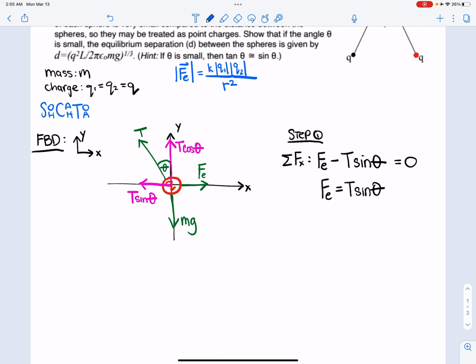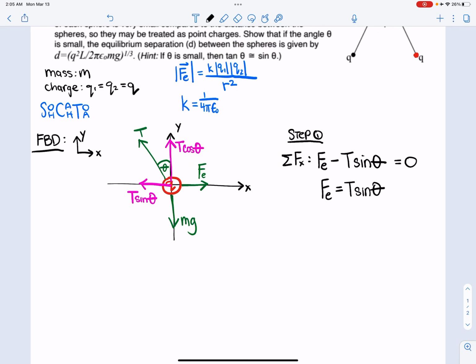And K is just equal to 1 over 4 pi times epsilon naught, where epsilon naught stands for the permittivity of free space, or how well the electric field works in a vacuum.